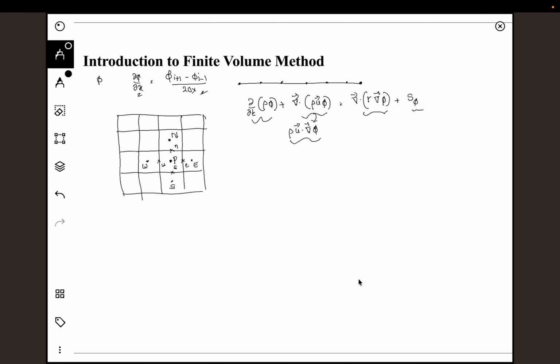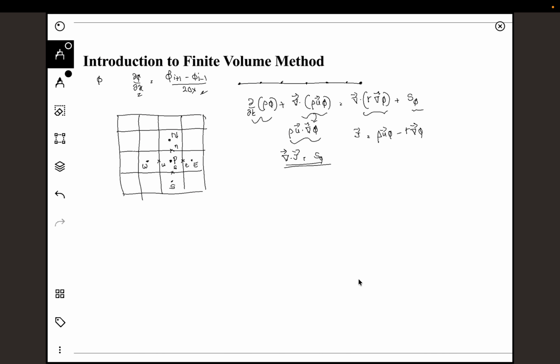Let's say we'll start with the simple form like this, where you take del dot J equals some source term. Let's take a simplified version of this, where J is basically rho u bar phi minus gamma del phi.